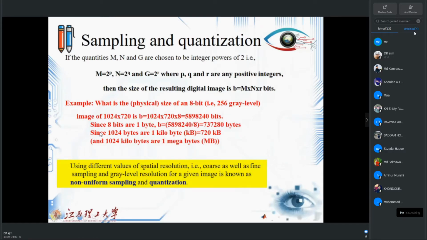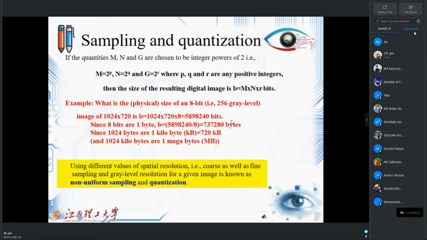We have the same calculation for 8 bits, but the value is this many bits. As we know, 1024 bytes are 1 kilobyte, so this is 720 KB, and 1024 kilobytes are 1 megabyte. These things we know. Then we can calculate the size of our image.